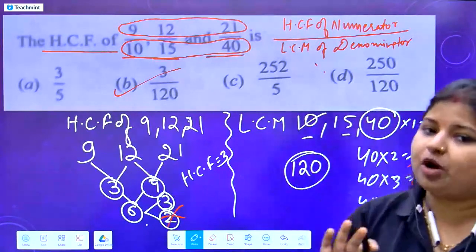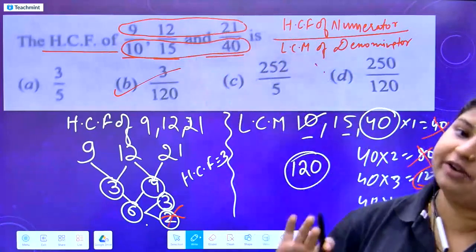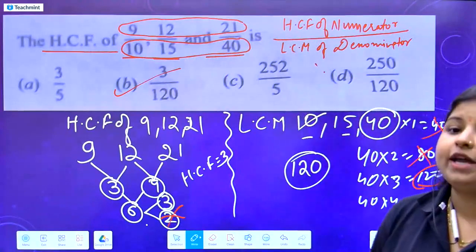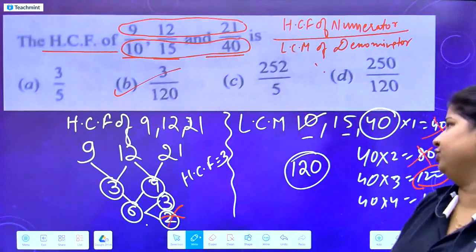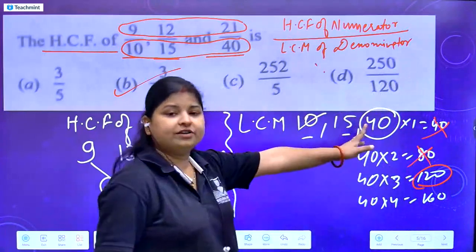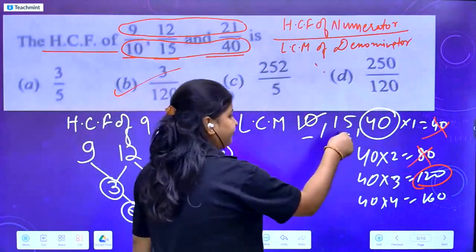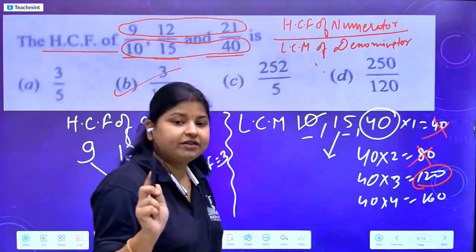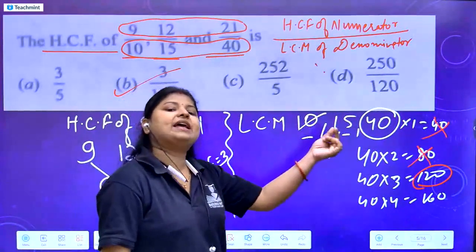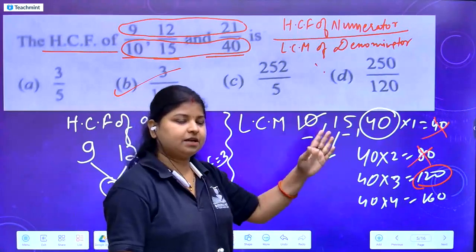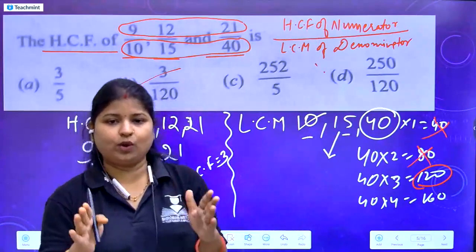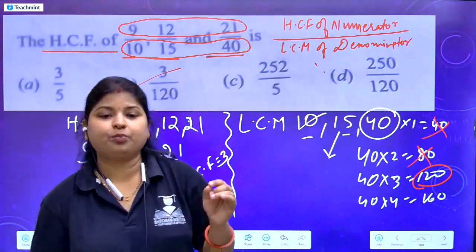But it is not possible for every number that we will write the table like this. So in that case, whichever number does not divide the highest number, like 15, you will break this number into prime factors.